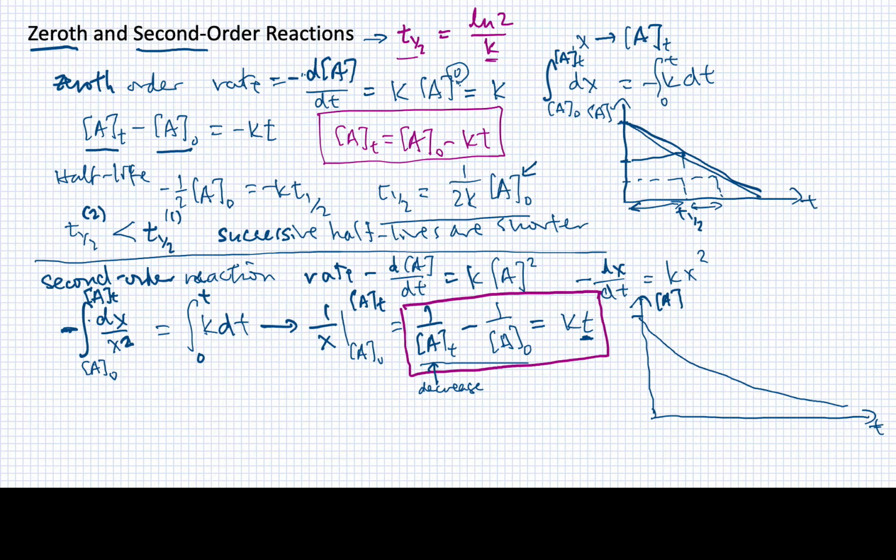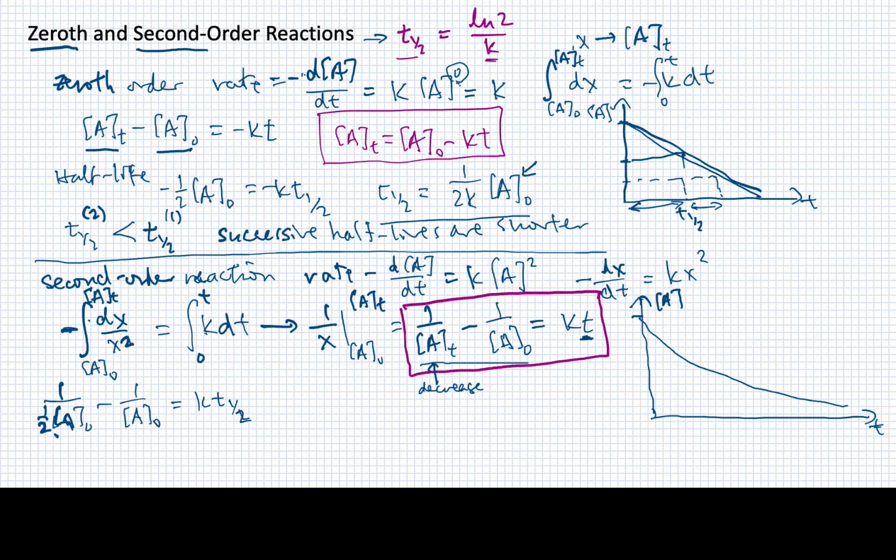Now, what does this do in terms of half-lives? If I am interested in the half-life, then I want to take 1 over 1/2 A0 minus 1 over A0 is equal to k times t sub 1/2.